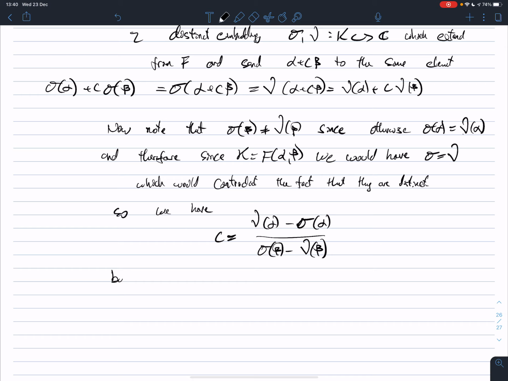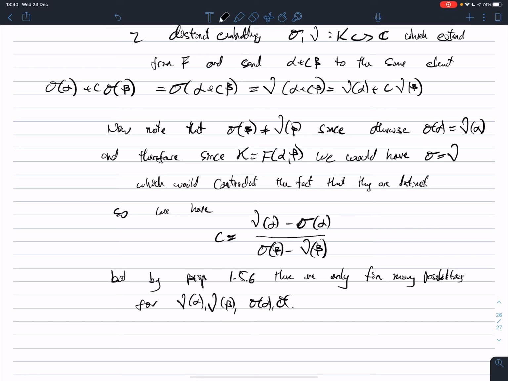We have this, but by proposition 1.5.6, there are only finitely many possibilities for what eta of alpha, eta of beta, sigma of alpha, sigma of beta can be.